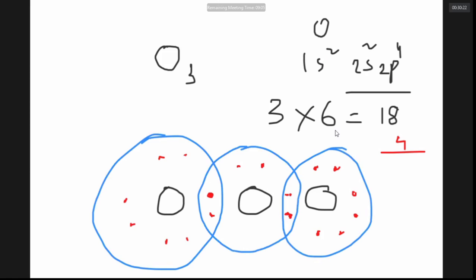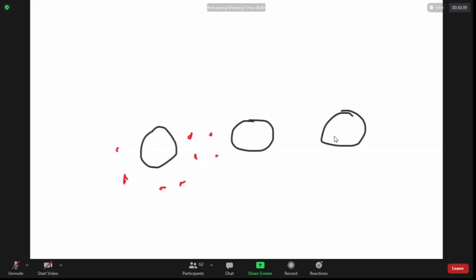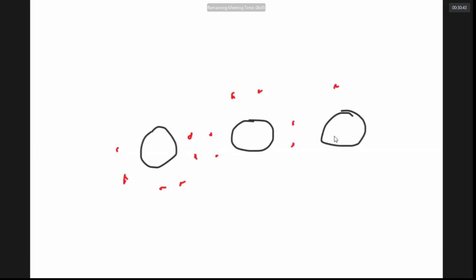To make central oxygen happy, you should convert any one of the lone pairs into a bond pair. If you do so, you get a structure like this. Here you are putting a double bond. Then it has 2 lone pairs, it has 1 lone pair, and it has 1 bond pair and 3 lone pairs.